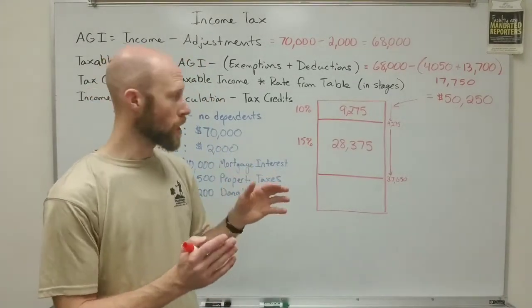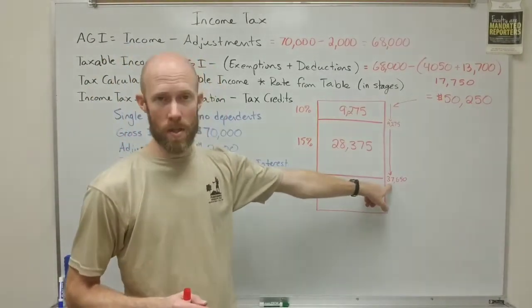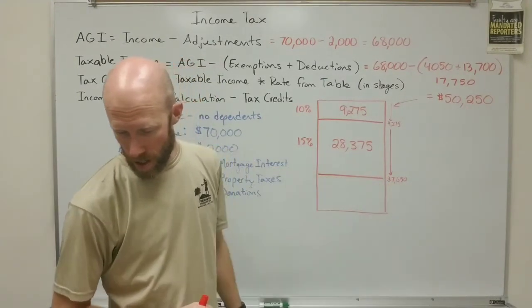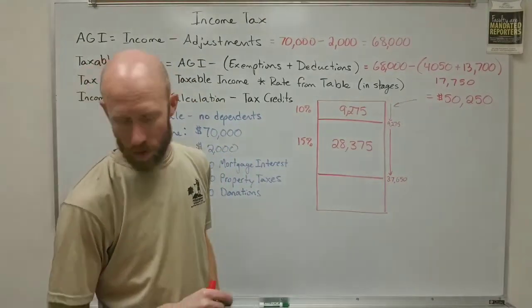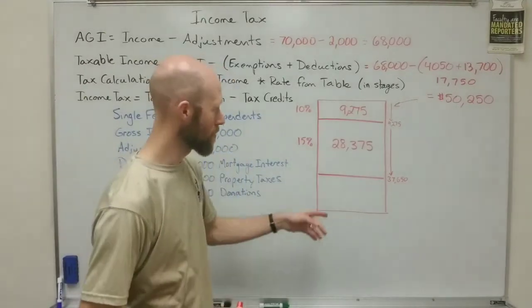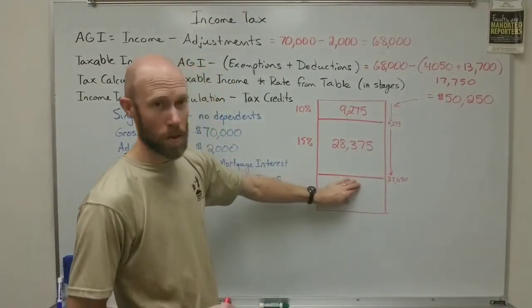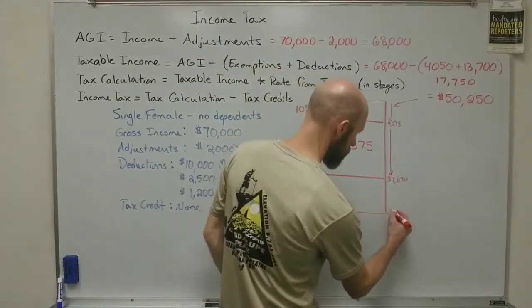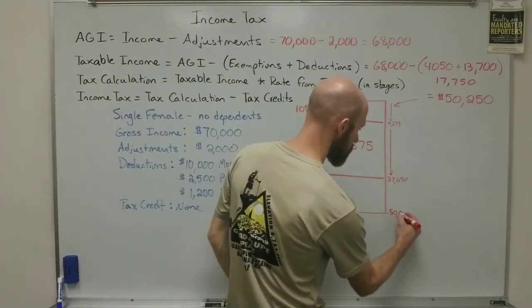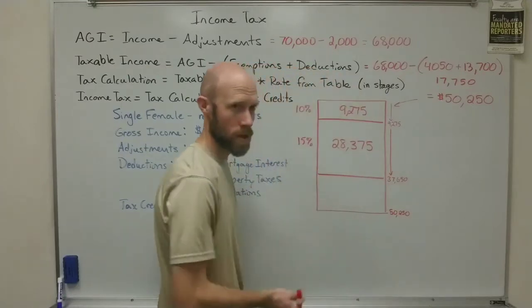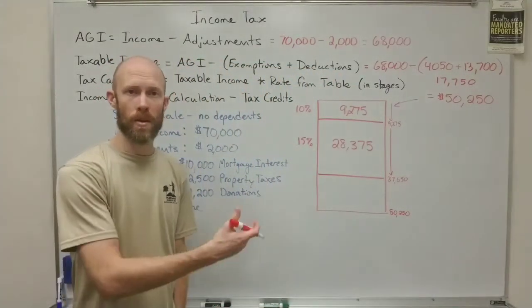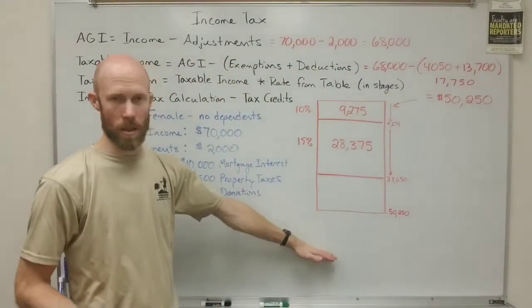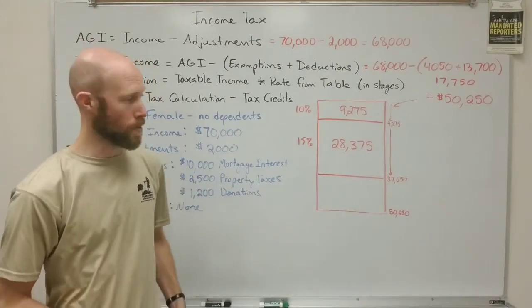So because it's in between $37,650 and $91,150, checking those values out, this is going to be the last chunk. And so the bottom here is the $50,250 because it doesn't go all the way down to the next limiting value or boundary in the table.